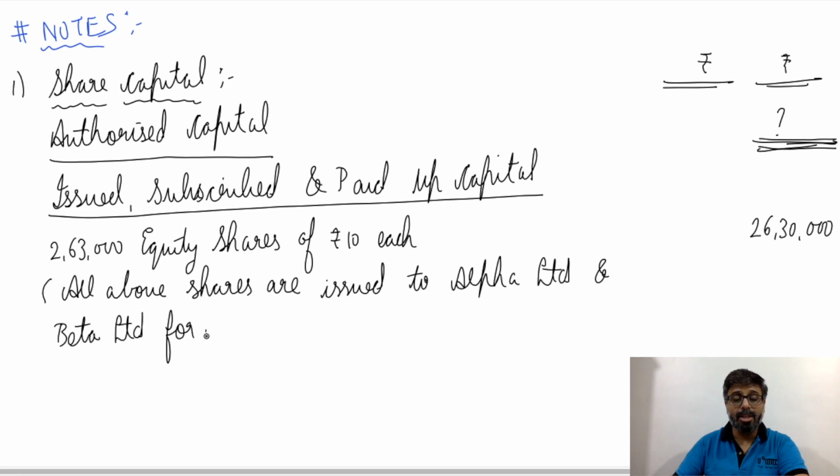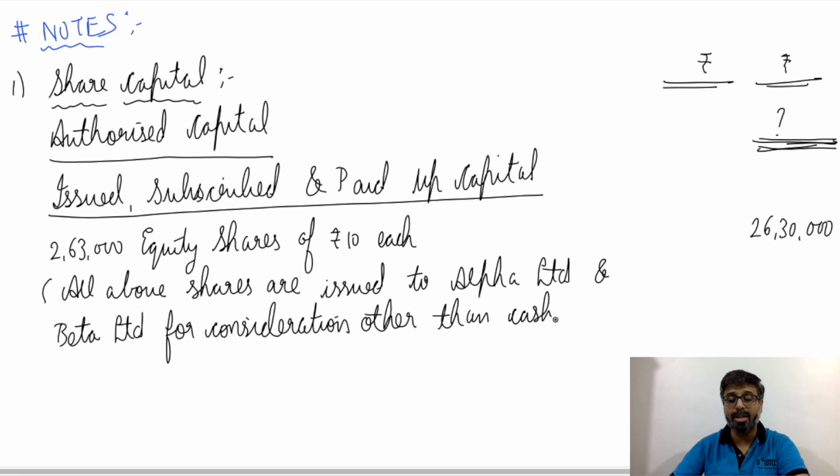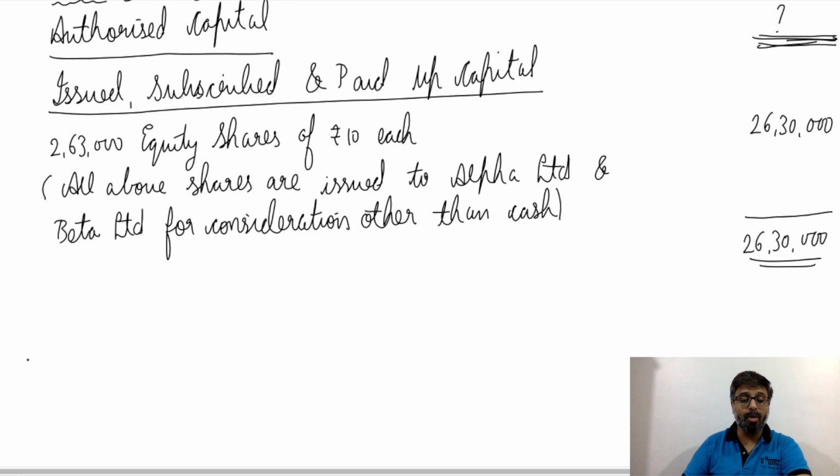Whenever we issue shares for consideration other than cash, we have to mention that as a disclosure. All these shares are issued to Alpha Limited and Beta Limited, against which we are getting assets and liabilities. So all these 26,30,000 of shares are issued for consideration other than cash. Total 26,30,000. Note 1. Now Note 2.